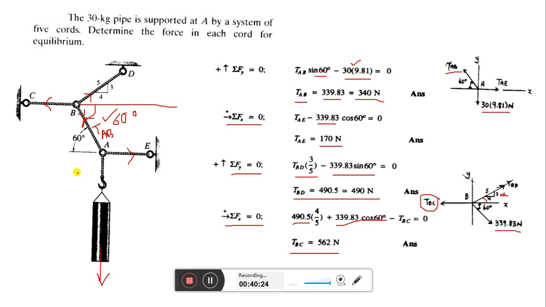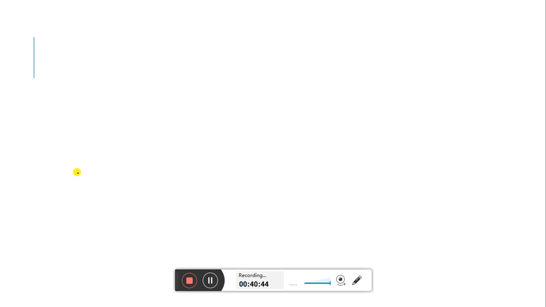So find out at which point you are getting one known force, solve that. After solving the unknown forces at that point, you move to the next point where you will get some already calculated value for the analysis. So let us move to the next problem.